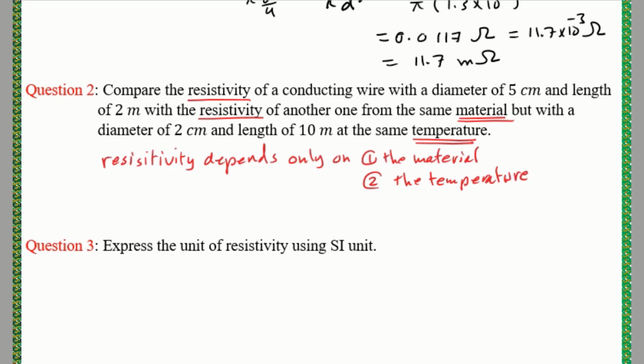It is a characteristic for the material, not for the conductor. So the length of the conductor and the cross-sectional area of it does not matter. Since both conductors are made from the same material at the same temperature, they have the same resistivity. Take care of such questions, okay?